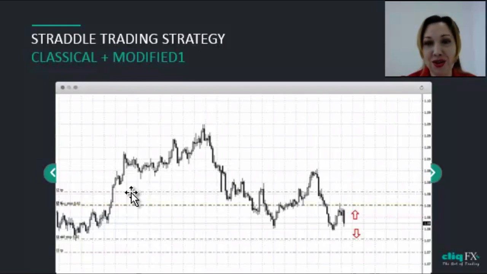Before starting, you need to do some setup. And you can use the straddle strategy in two ways maybe. First, you're not sure in which direction the market will move. For example, you don't know if the news is going to be positive or negative for the currency you are trading.